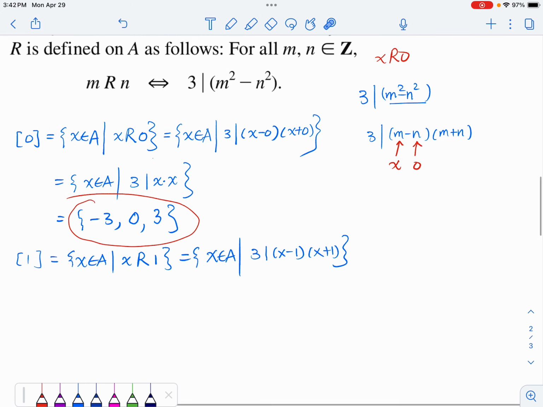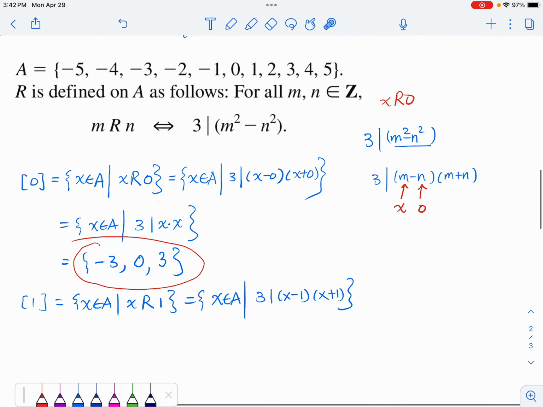So let's go back to this list, beginning with -5. Does 3 divide -5 minus 1, which is -6, times, well, I really don't care. I already see 3 divides -6. No matter what this other number is, it will divide. But it's -5 plus 1, which is -4.